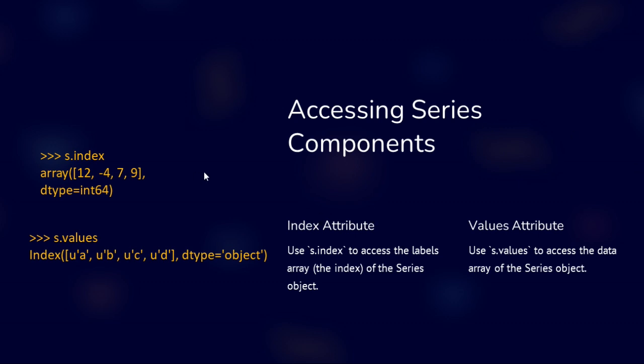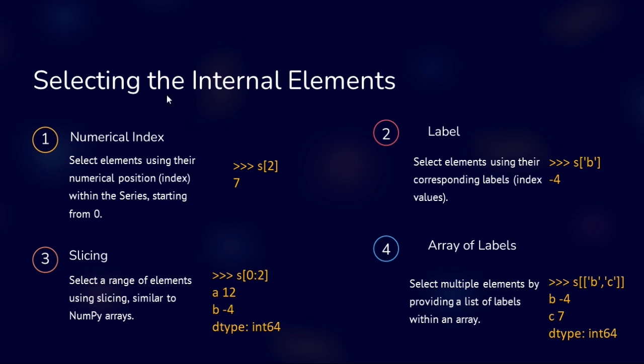We learned how to access the elements of this series. If you do s.index, you can access all the labels. If you say s.values, you can access all the values within it. We also saw how we can access specific elements through index and through labels. I can also do slicing, where I slice out certain elements of the series, or take elements which are not continuous by giving an array of labels.